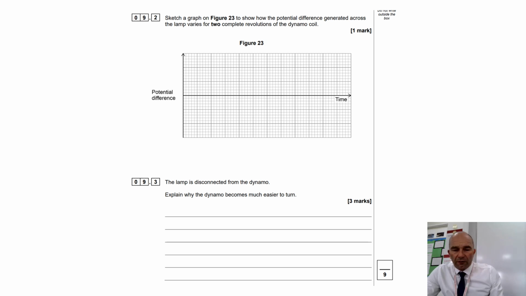Now what does our graph look like? So sketch the graph, and we need to complete 2 revolutions. So we're looking for something like this. And there's our 2 complete revolutions.